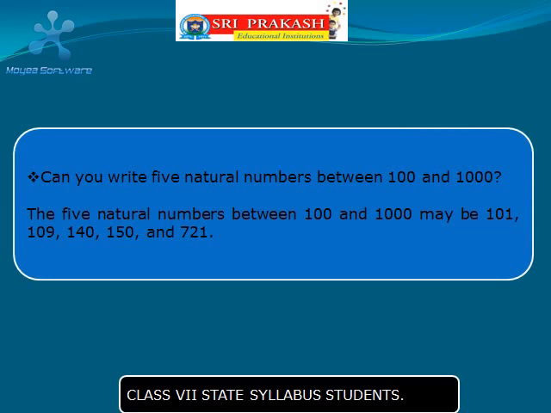So we get a number of sets of numbers for this answer. One answer may be like this. The 5 natural numbers between 100 and 1000 may be 101, 109, 140, 150 and 721. All these numbers lie between 100 and 1000.